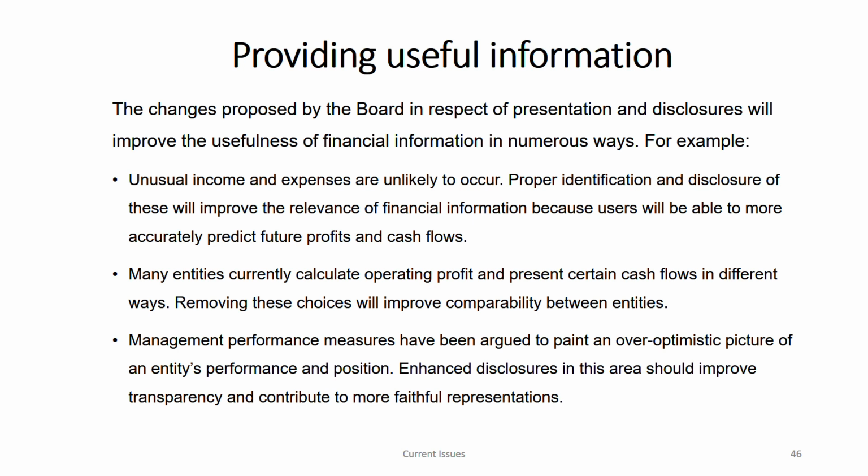So if there is enhanced disclosure in this area, transparency is improved, credibility is improved, and it contributes to more faithful representation. Why? Because what are the two fundamental qualitative characteristics of useful information? Relevance and faithful representation. These two are improved, so that means information becomes useful.